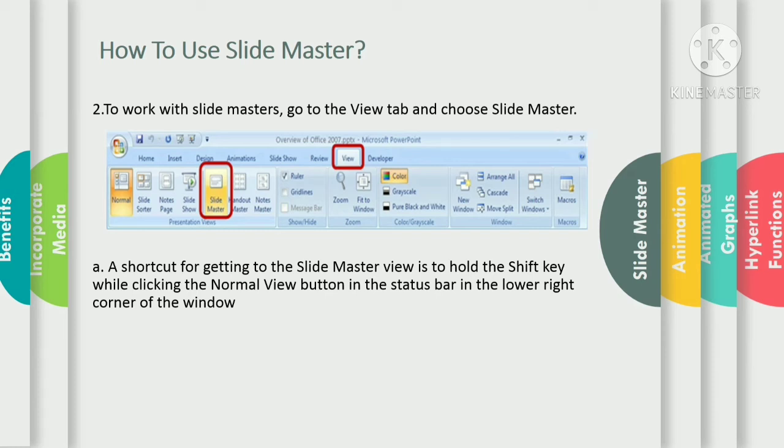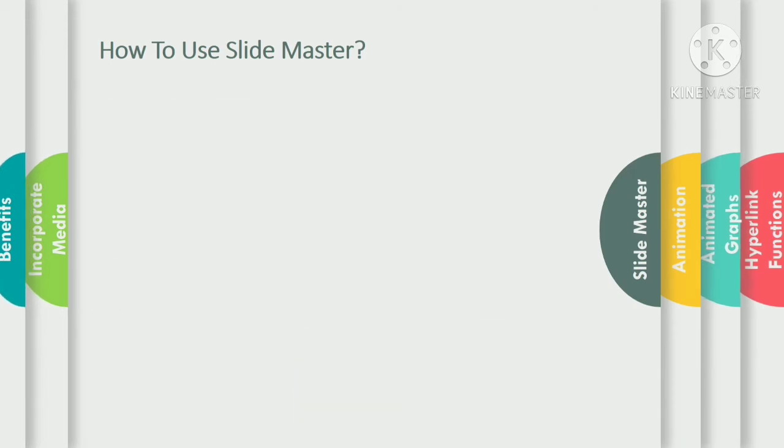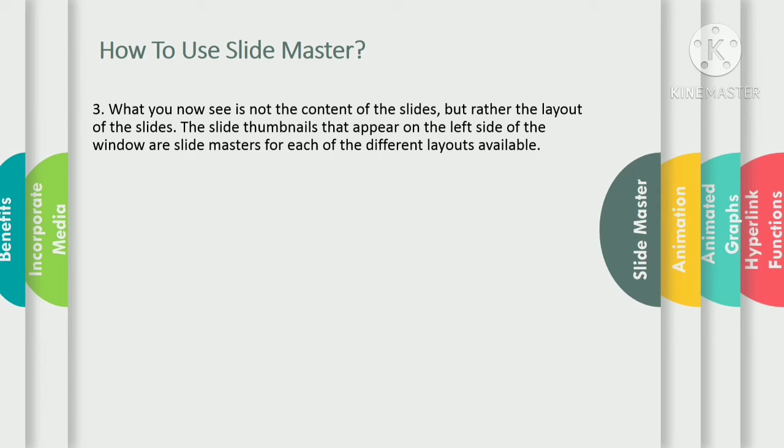A shortcut for getting to Slide Master view is to hold the Shift key while clicking the normal view button in the status bar in the lower right corner of the window, like this. What you now see is not the content of the slide but rather the layout of the slide.